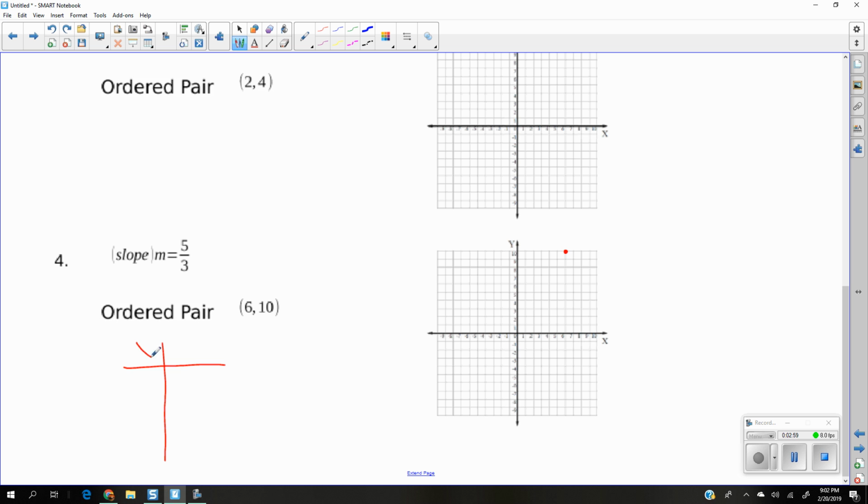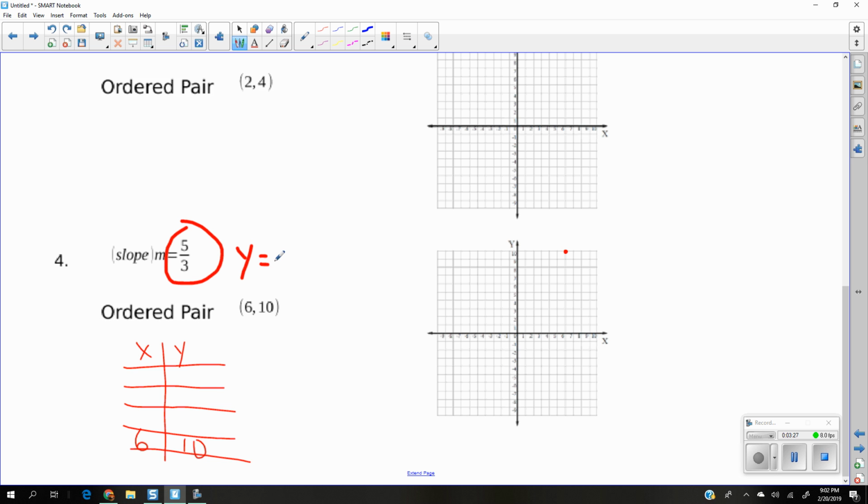Okay, so if this is X and this is Y. All right, so let's just put 6 down here. So we'll say 6 is X, and 10. Okay, and the slope is 5/3. Now remember the equation?